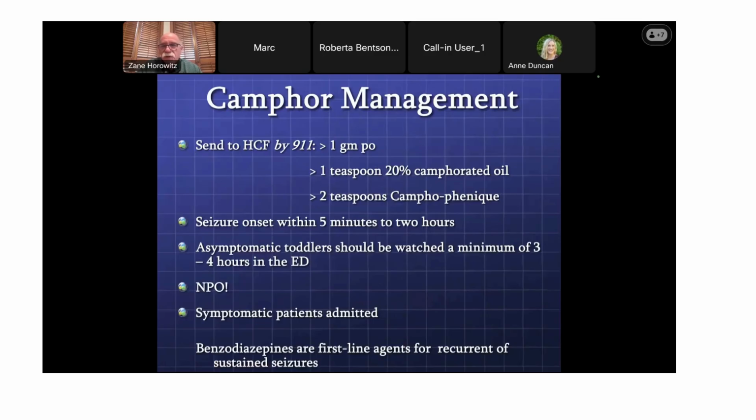Two teaspoons of camphorphenique, which is about 11%, gets a 911 call. Seizures can happen very quickly. Asymptomatic toddlers, once they get to the hospital, can be watched up to 4 hours, which is a good round number. And of course, seizing should be treated the usual way with IV benzos, Ativan, or Valium.